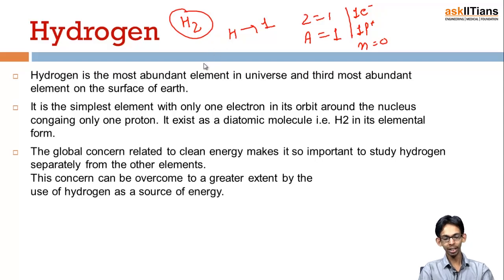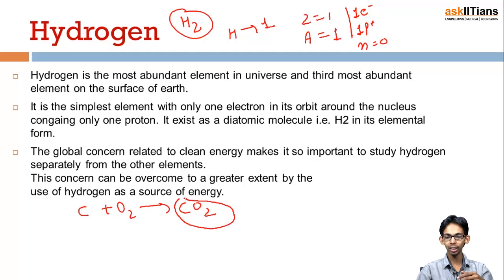It is very important these days because hydrogen can be used as a fuel in future. At this time we are mainly dependent on carbon fuels for energy, like petroleum, coal, etc. When we burn carbon-containing fuel, we get carbon dioxide, which is a pollutant and a major environmental issue as it causes global warming. If we burn hydrogen, we get a very large amount of heat, because the energy in the sun is mainly because of hydrogen.